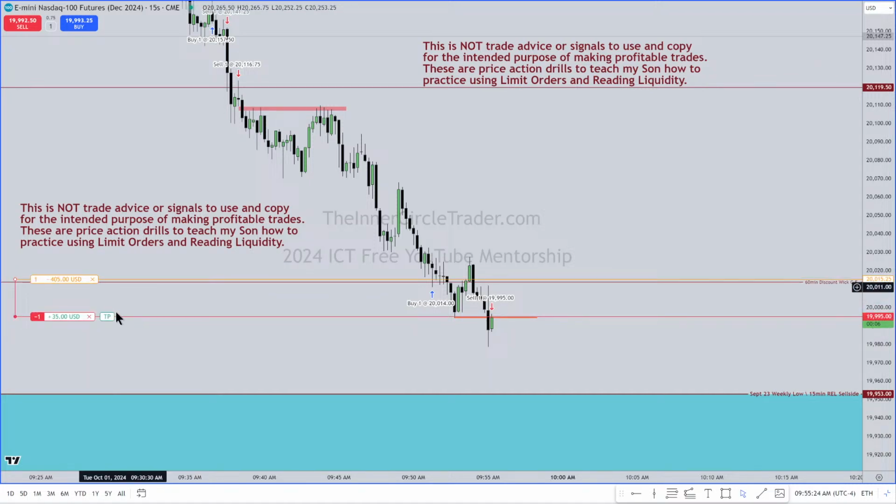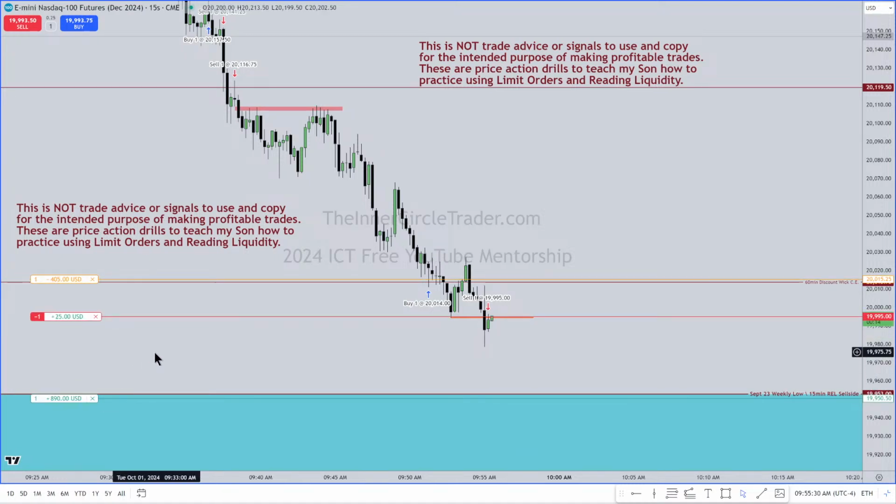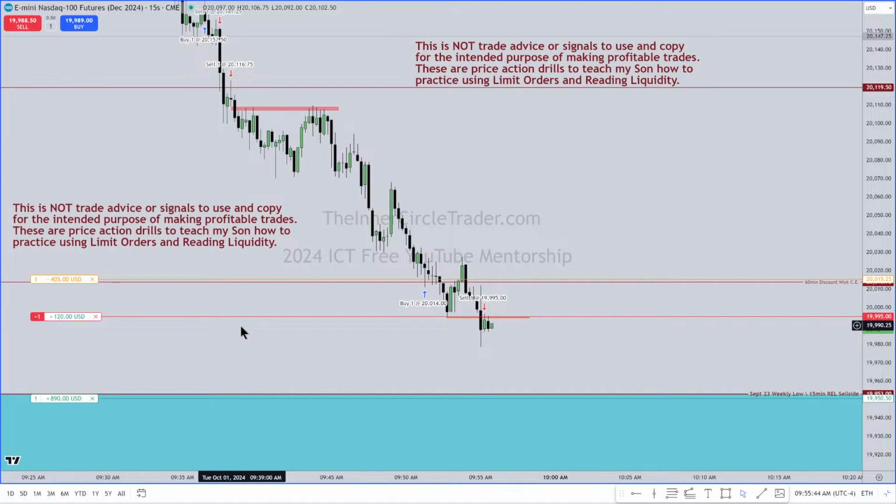All right, we'll go there and we'll look for a drive into that. So this is exercise number 6. We don't need to be right. It doesn't need to pan out. If it stops out, it's not a big deal. It's just you submitting to the idea that this is unfinished business down here. Okay, and it's 15-minute relative equal lows.